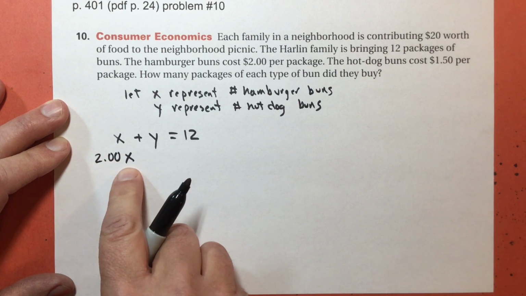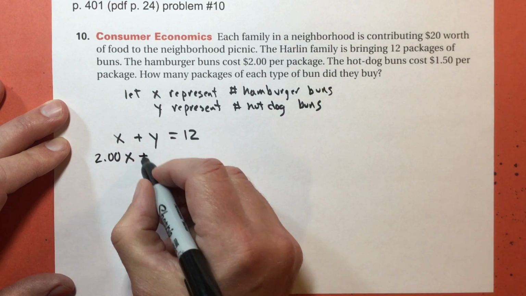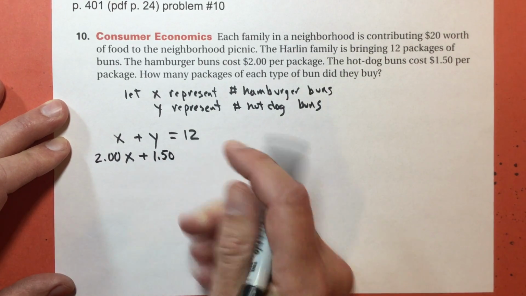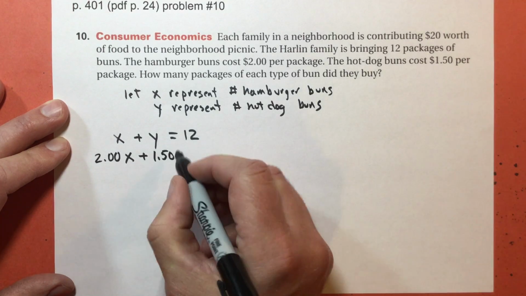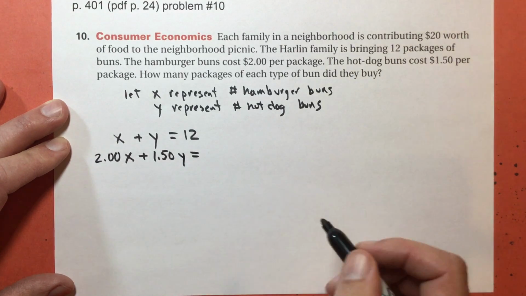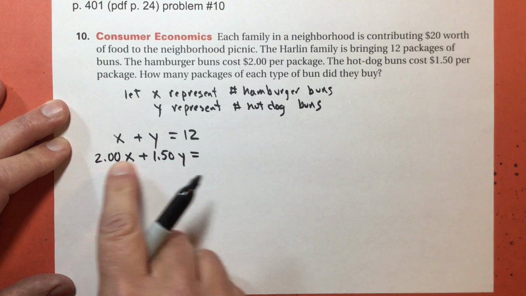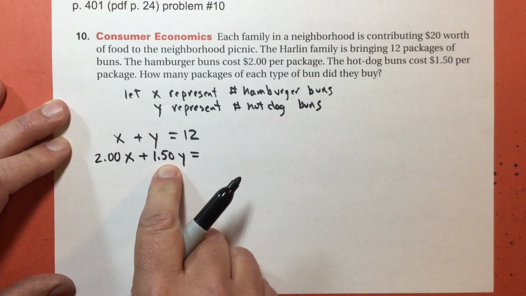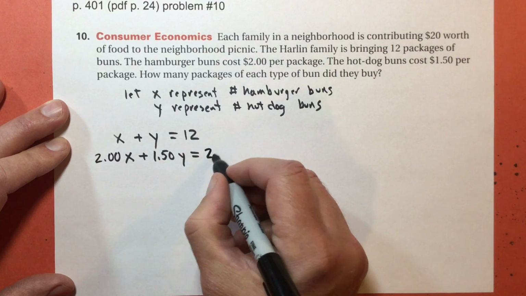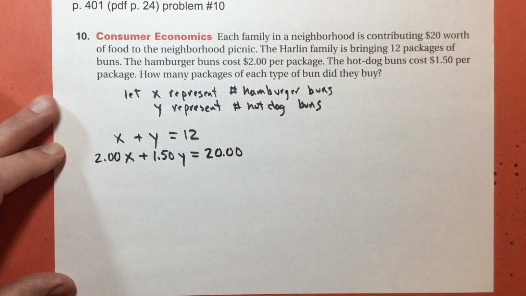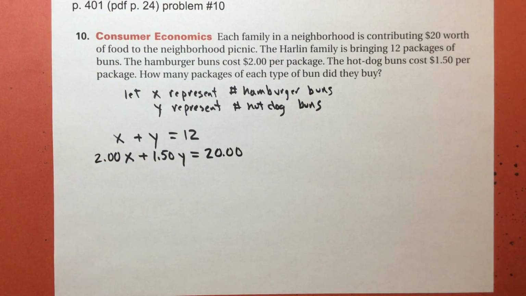That's 2 times x. And I'm going to multiply $1.50 times the number of hot dog buns that they bring. And all together, how much they spent on hamburger buns and hot dog buns is going to come out to $20. So those are my two equations.